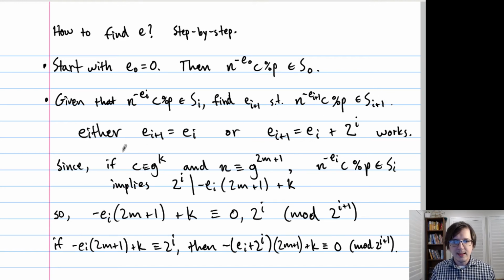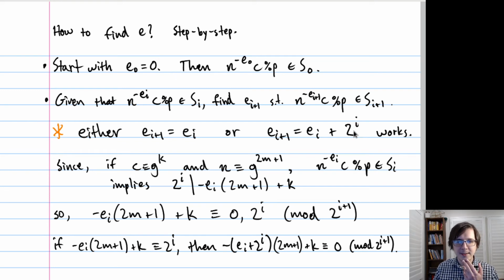So the important thing here is that either the same value or the same value plus 2 to the I is guaranteed to work. And since I in this case is... we actually are going to, well, we'll see.